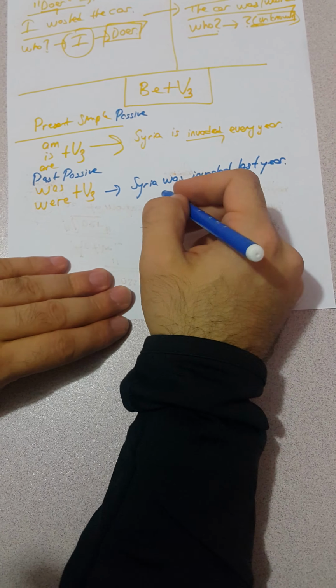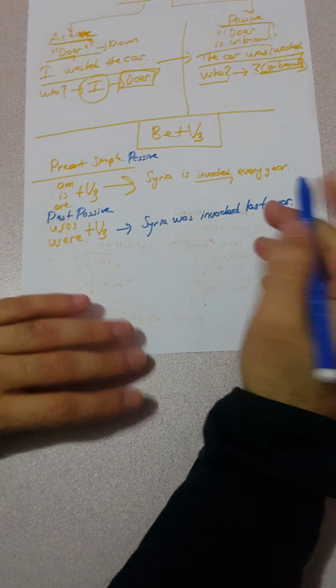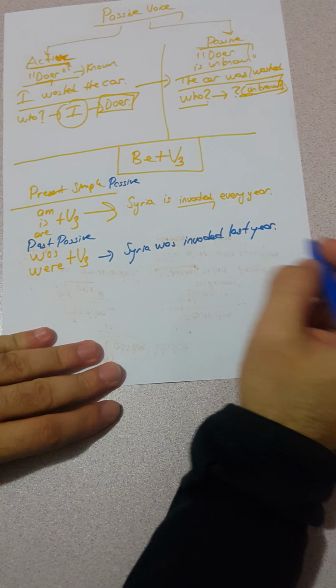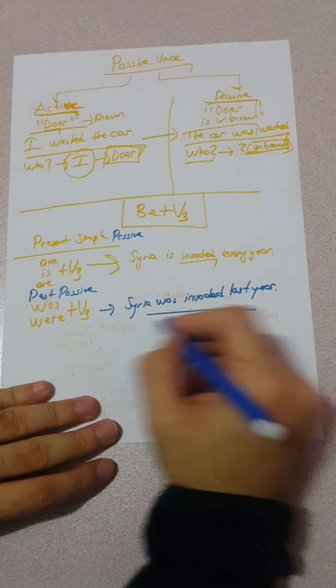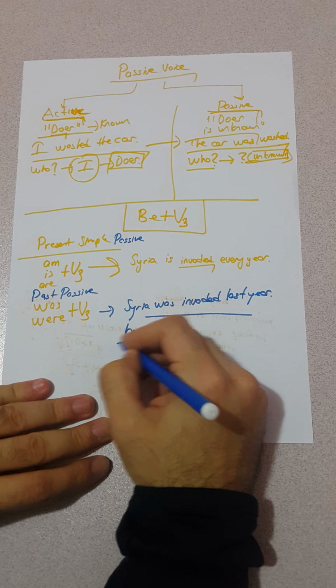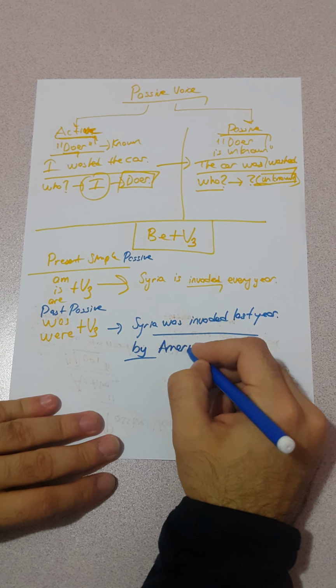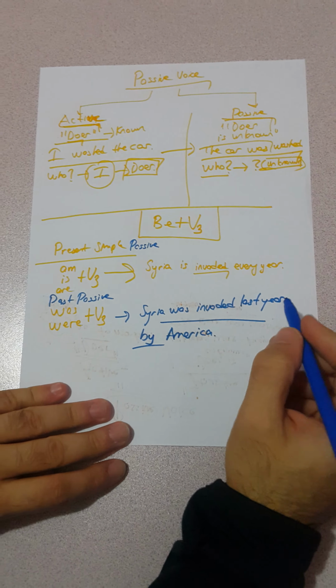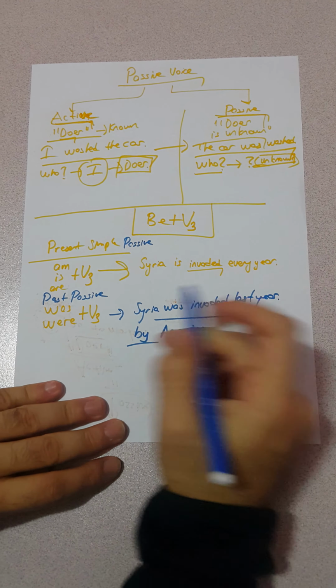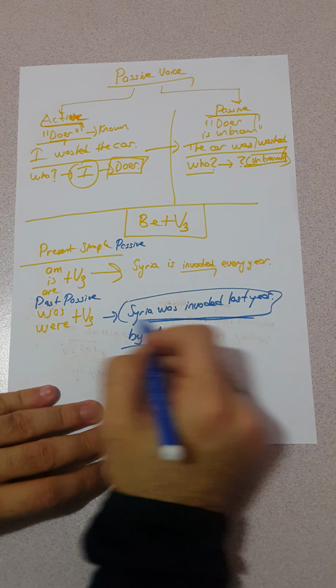So last year it was invaded. We don't know who. Maybe America, maybe Russia, but you can add extra information if you like in a passive sentence by adding, for example, by America. If you say by America, now we know who did the job, but the sentence is still passive.